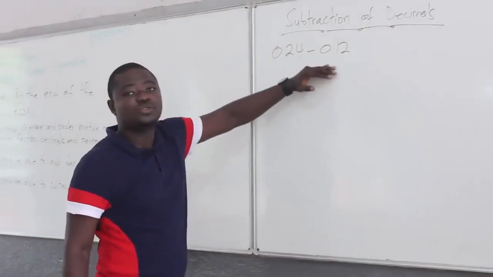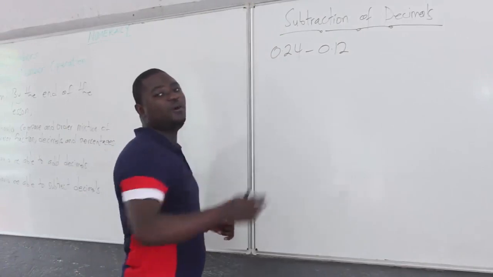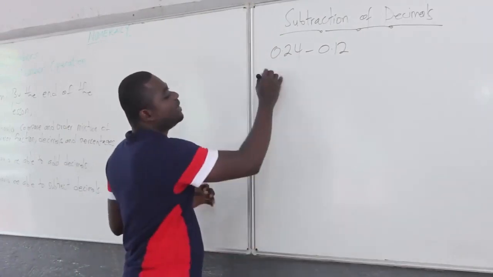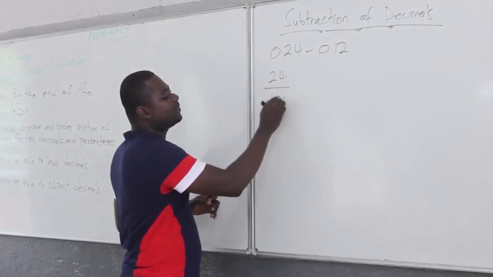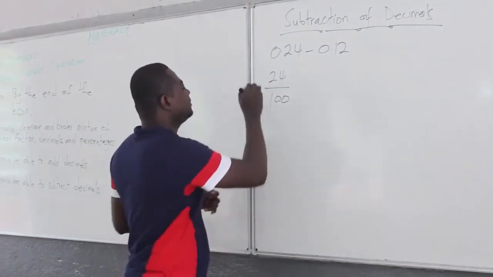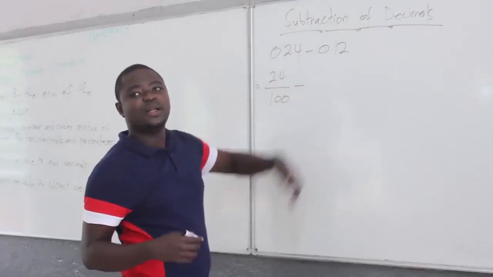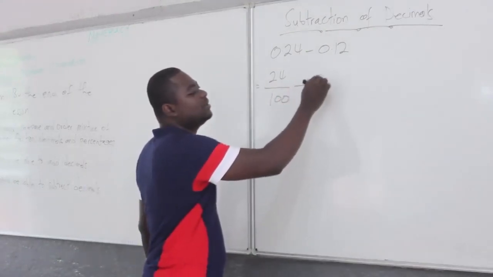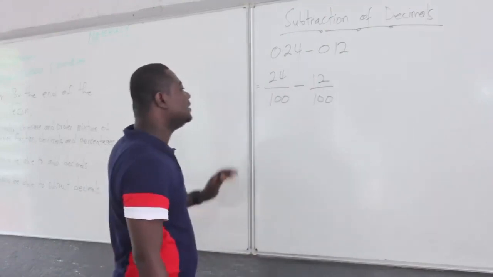I change these two decimals to decimal fractions. So 0.24 becomes 24 over 100 minus 0.12, which becomes 12 over 100.